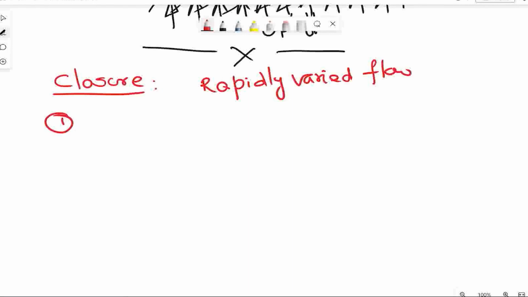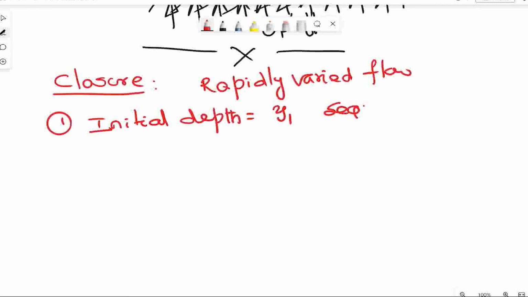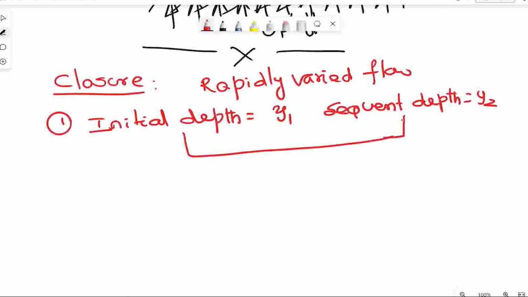The first thing you should know is the initial depth, that means before the formation of hydraulic jump, Y1. The other depth is called the sequent depth, Y2. These two depths together we call conjugate depths.